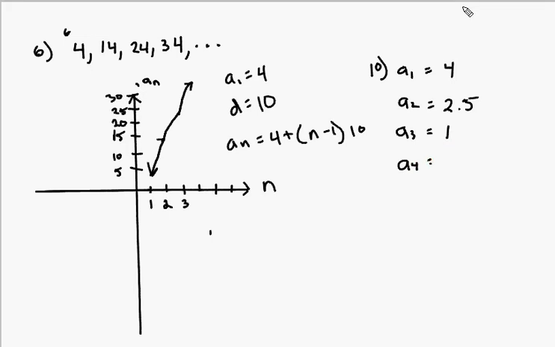And the value of the fourth term, to me, looks like a negative 0.5. And the value of the fifth term then is going to be a negative 2.